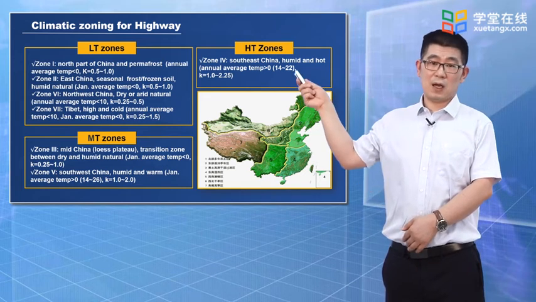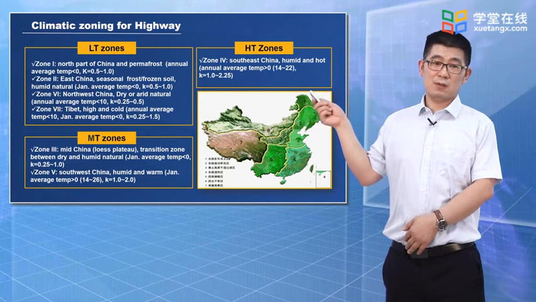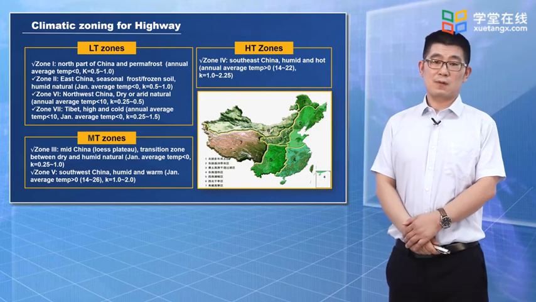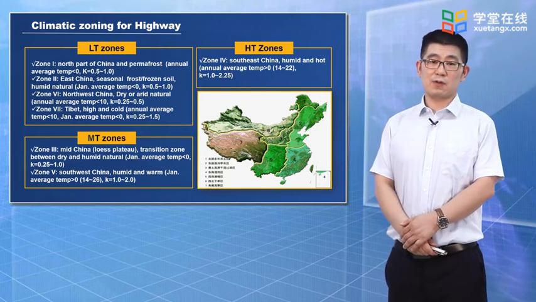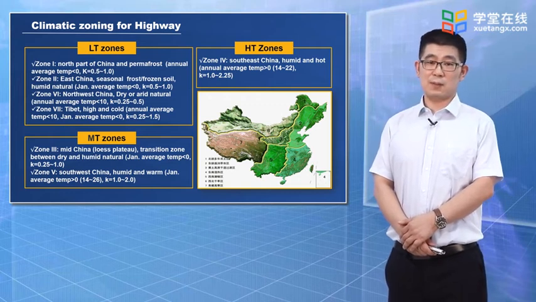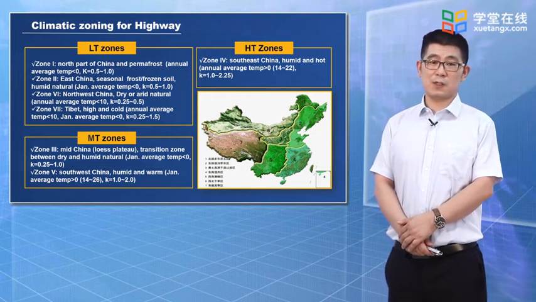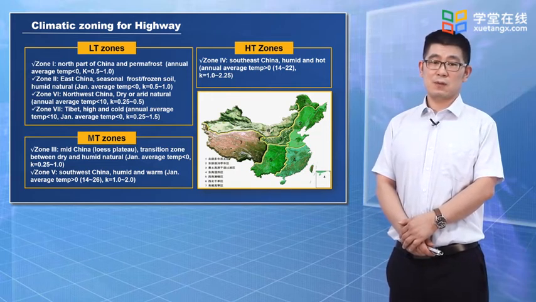HT zones are 4, and empty zones are 3 and 5. In the same climatic zones, subgrade and pavement have similar environmental conditions. It is recommended to look up climate zoning for highway at the very beginning of your highway projects.